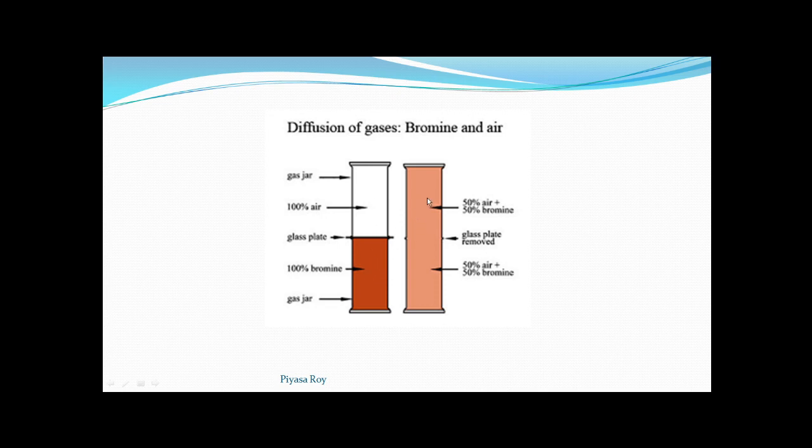So here 50% air and 50% bromine is there in this gas jar, and here also 50% air and 50% bromine, where the glass plate has been removed. So this phenomenon is called diffusion.